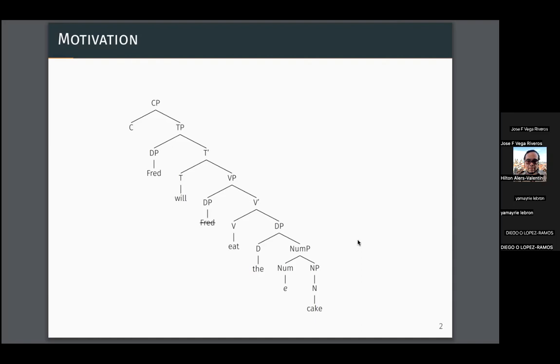So the fact that eats cake and sleeps are both of the same category is because they are both phrases of the same type, verbal phrases. What makes them verbal phrases is that they both have a verb as head.